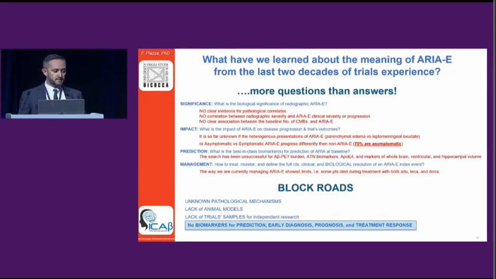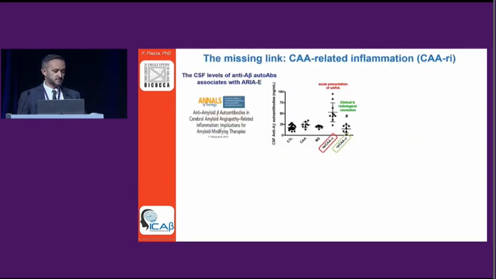And this translates into the actual situation where we don't have any real biomarker for the prediction, the early diagnosis, the prognosis, and the treatment response of ARIA-E in clinical trials.